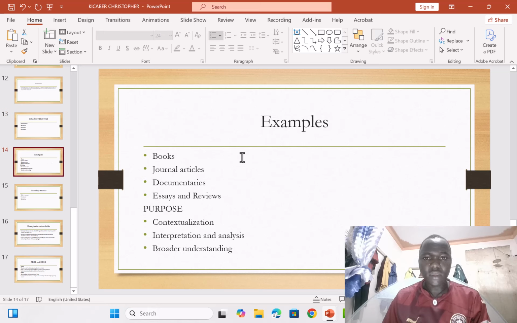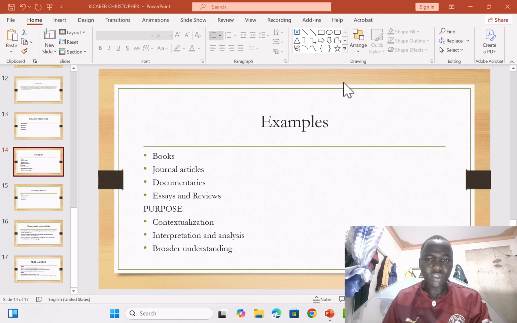We have the examples of secondary sources. The first one is books. For instance, history books analyzing certain events that occurred in the past.